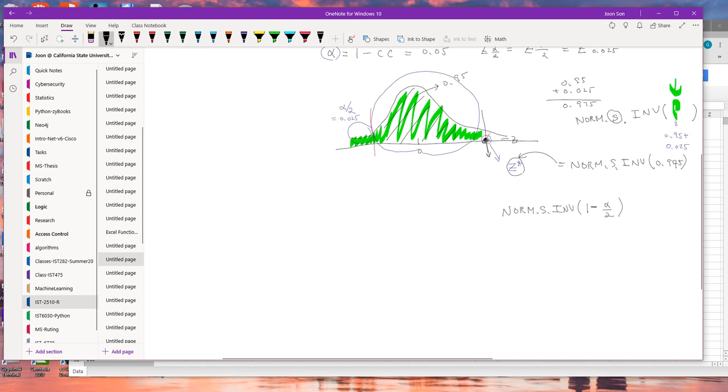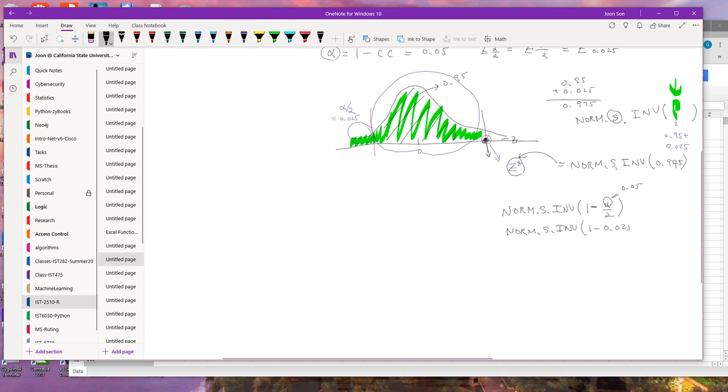Alpha in this case is 0.05, so it's 1 minus 0.025, which is equal to 0.975, the same as this.